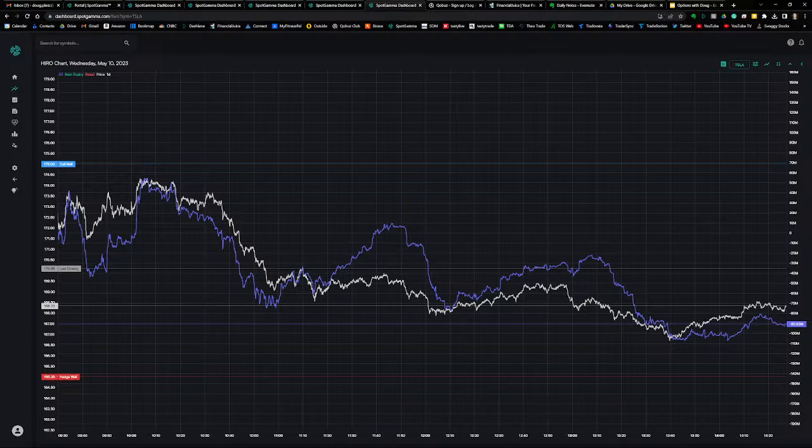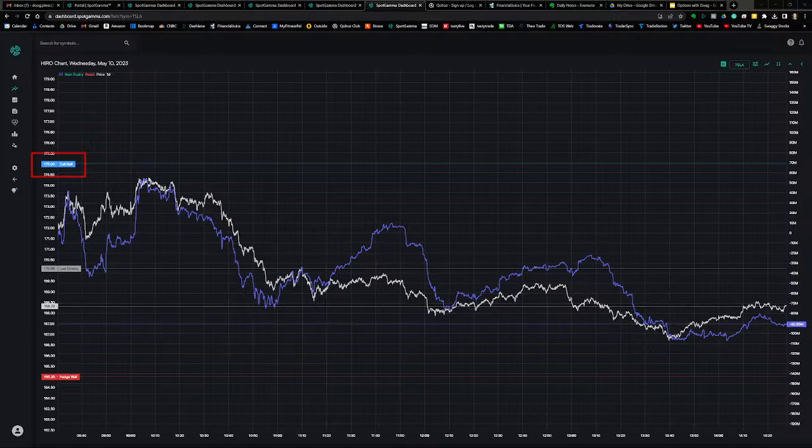So here's the call wall at 175. Price did not make it up there before reversing lower at this confirmation short just below the 175 call wall. Let's see what traders were doing.